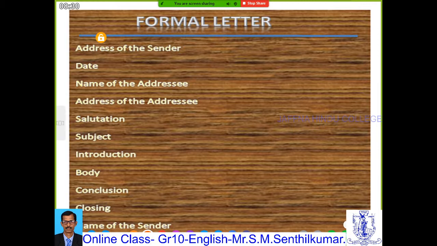Phrase means more than 2 words, right? For example, we are going to apply for a job, right? How do you write it? Application for the post of assistant accountant. Like that, it should be a phrase form.